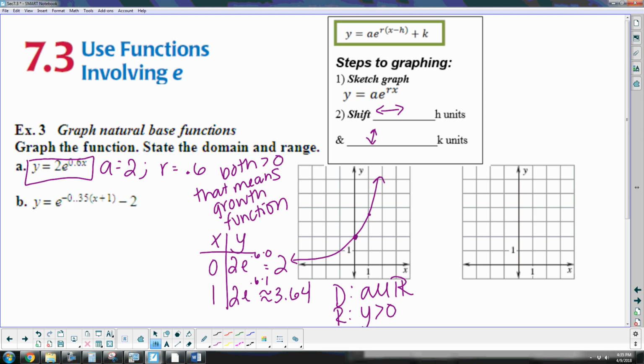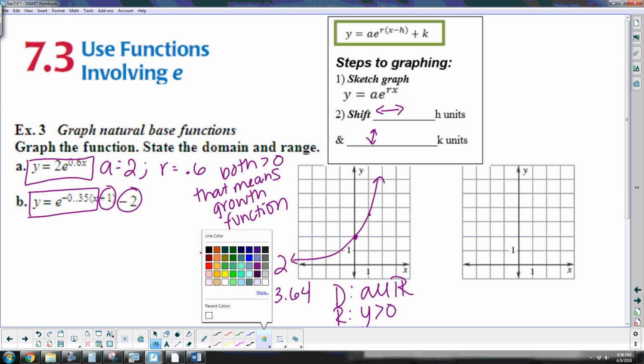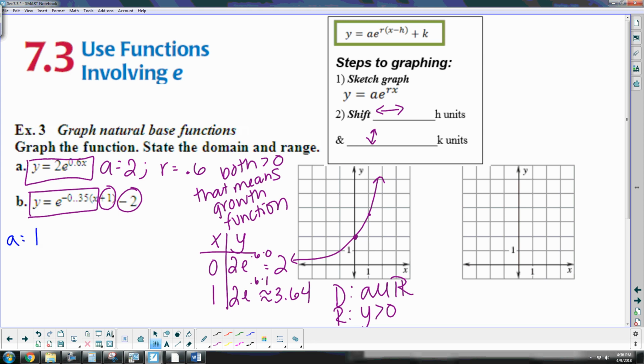All right, now in the second one, we have our function here, but then we also have an h and a k value. Okay, so let's look at all of our pieces of our graph first. So we have a is equal to 1. Our r is equal to negative 0.35.